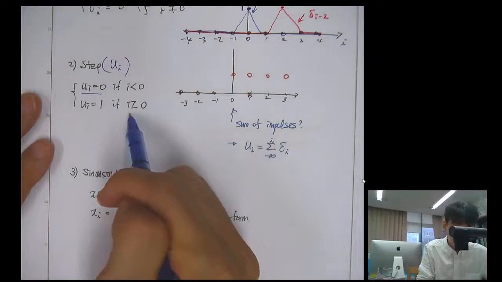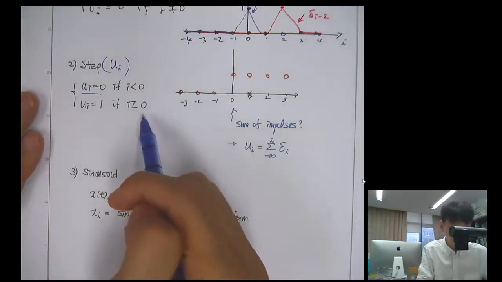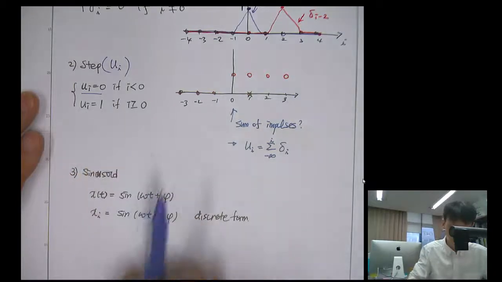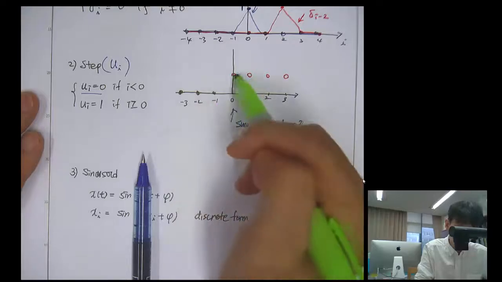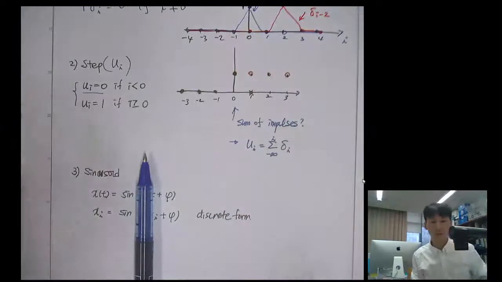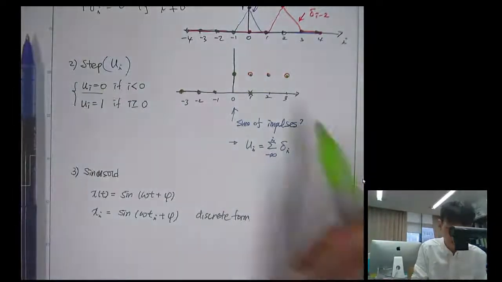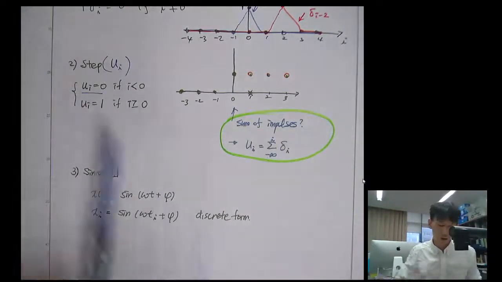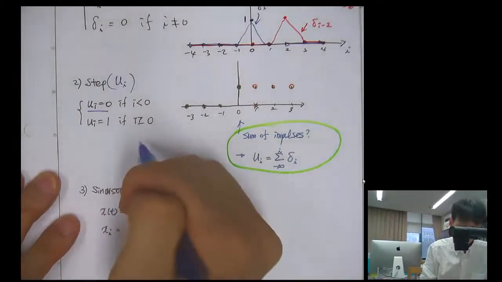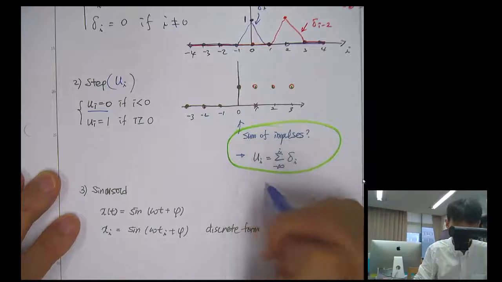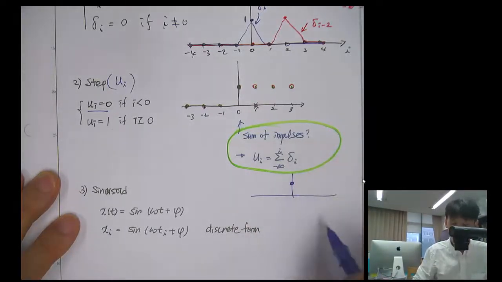When i is the same as 0 or positive, then u[i] is 1. So it becomes like this, right? 0, 0, 0, and 1, 1, 1, 1. And we can express this one as the sum of impulses. This will be the sum of this one, right?